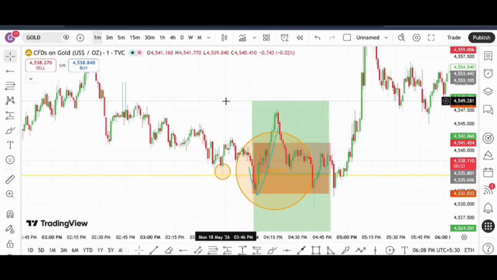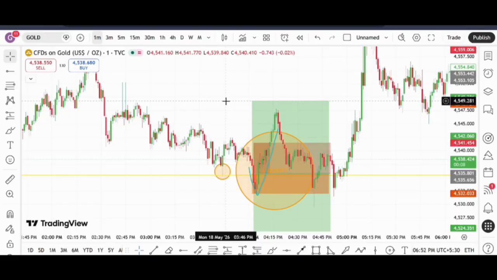Now let's quickly revise today's concept. Liquidity is areas where many orders exist. I explained where many orders exist, like support and resistance zones, equal highs, equal lows, whatever you call them, and liquidity zones where stop losses and pending orders are placed.